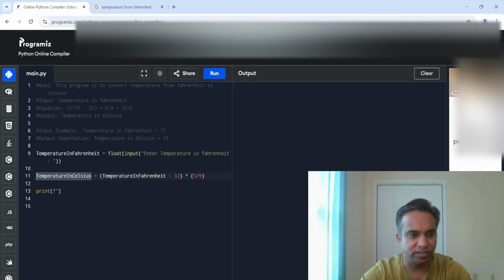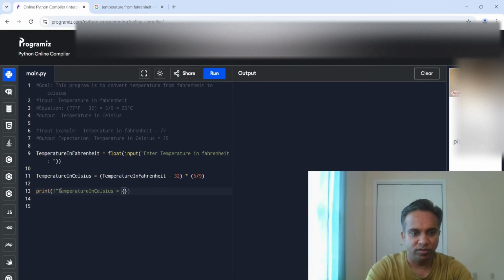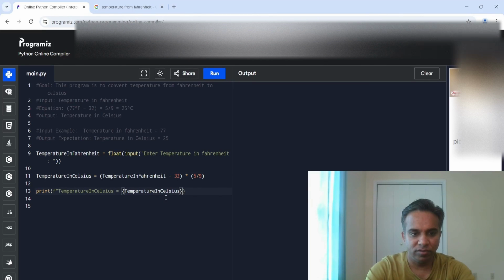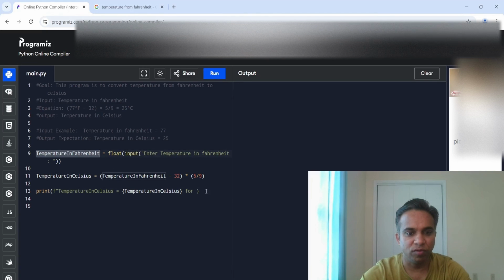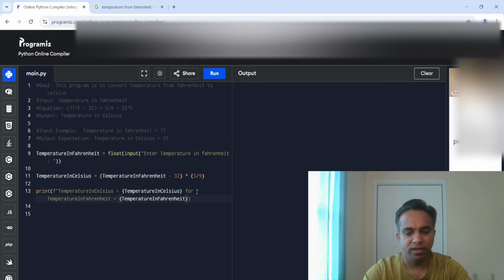Temperature in Celsius equal to, copy paste into variable. We have to also show what is the Fahrenheit for comparison, and we complete by ending with double quote.